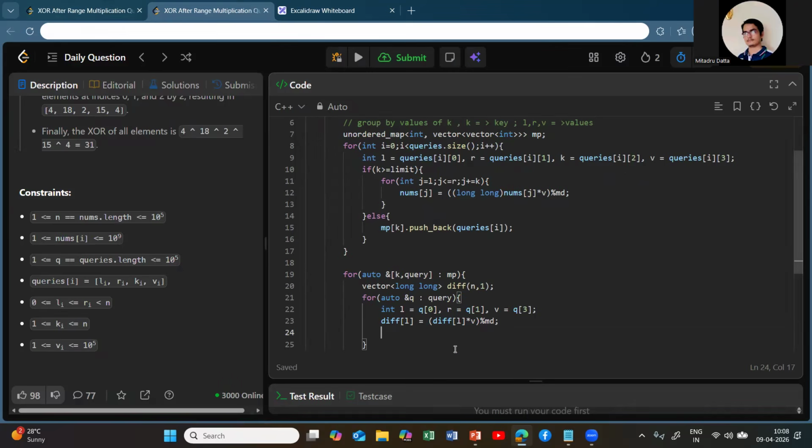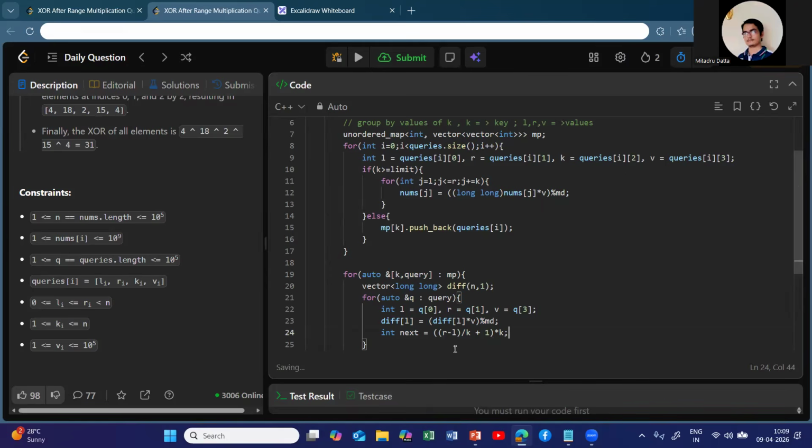So let's calculate a value of next. What will that next be? That next will be nothing but (R minus L) divided by K, plus 1, into K. Can you guys understand what I'm trying to do?